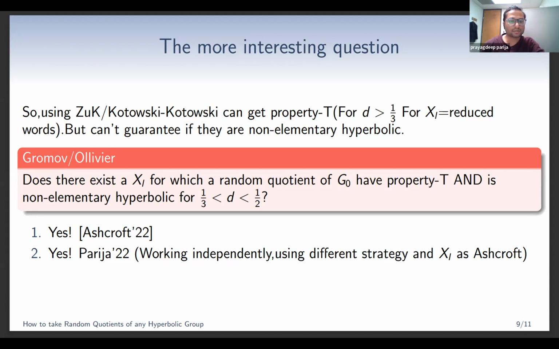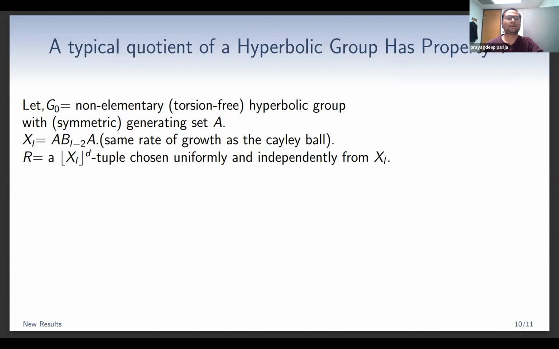So the theorem we get here is: start with any non-elementary hyperbolic group with a symmetric generating set A, and we have a rather unnatural set of words to choose from, which is D_{L-2}, the words representing the Cayley ball, but take those words and attach the generators at the beginning and end. Consider that set of words and choose XL to the D of them uniformly and independently.